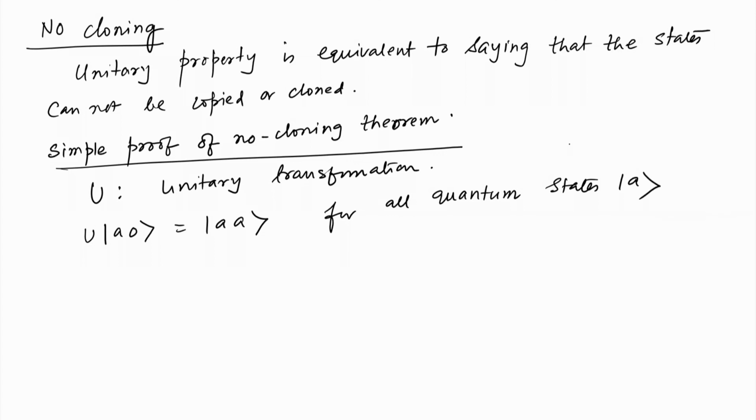And let us have another quantum state B, which is orthogonal to A, so the inner product is equal to 0.